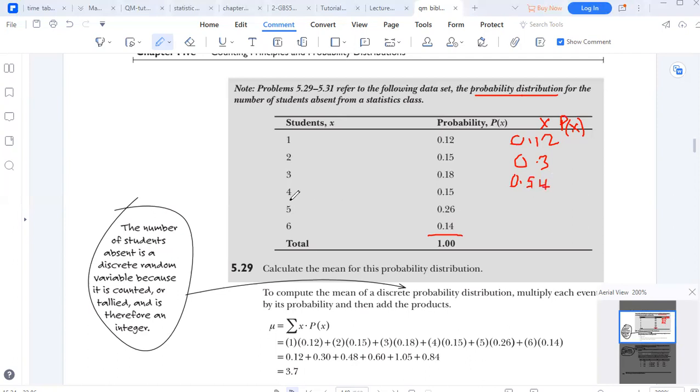Then we go to 4 times 0.15, we get 0.6. Then 5 times 0.26, we get 1.3. And finally 6 times 0.14, we get 0.84.